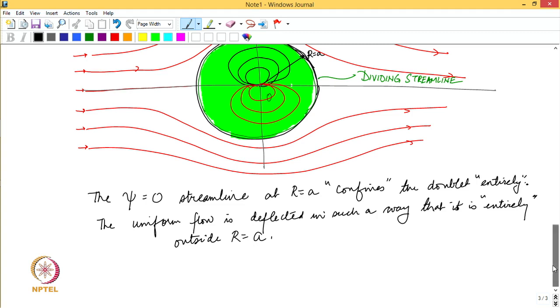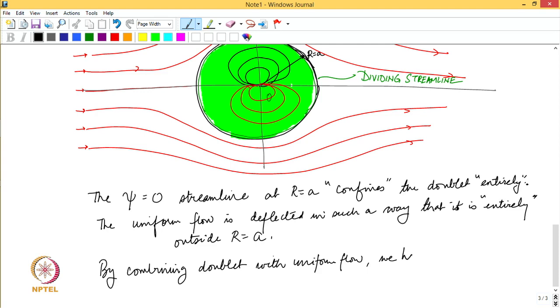By combining the doublet with uniform flow, we have achieved flow past a circular cylinder.